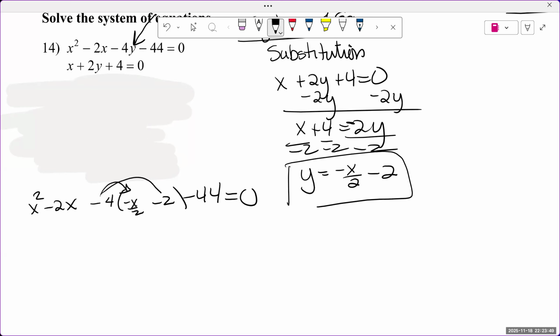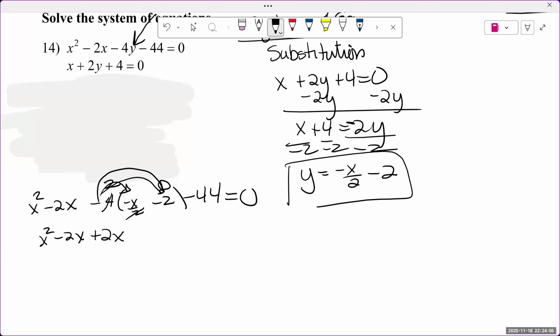Distribute. So we have x squared minus 2x. Negative 4 cancels with 2 and leaves 2, so that's plus 2x.